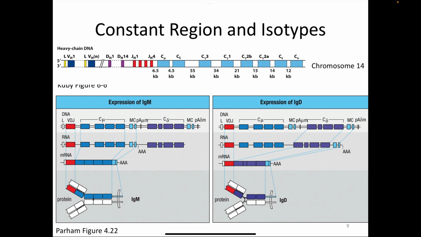And I want you to look at this image at the top where you can see the chromosome and some of the exons for the constant region. So you can see that they are in that MDs give everyone apples order. But what do you notice about the distance of the DNA between all of them?